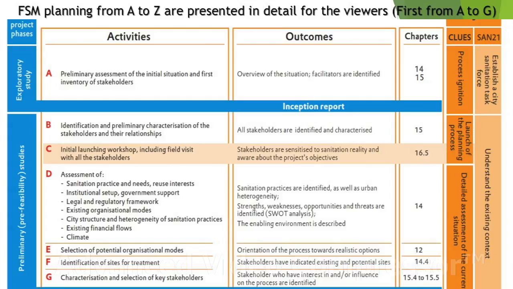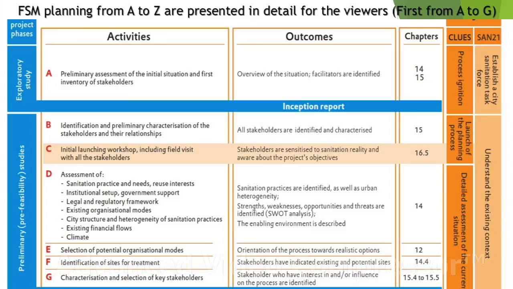Third one is assessment of sanitation practices and needs, institutional setup, legal and regulatory framework, existing organizational mode, city structure and heterogeneity of the sanitation practices, existing financial flows, and climate.